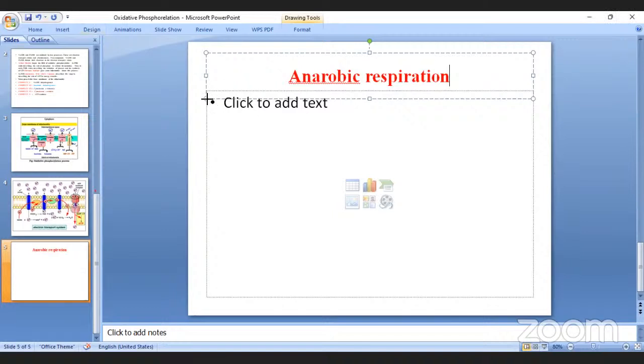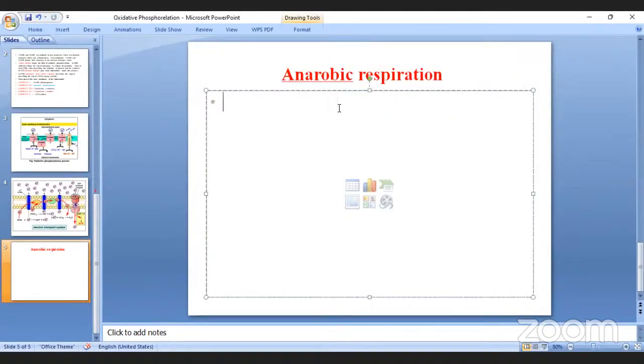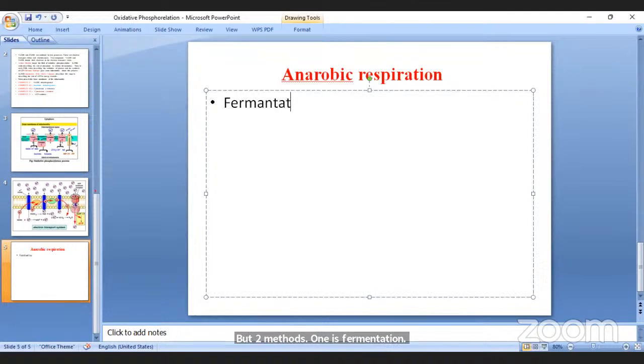Anaerobic respiration takes place by two methods. One is alcoholic fermentation.